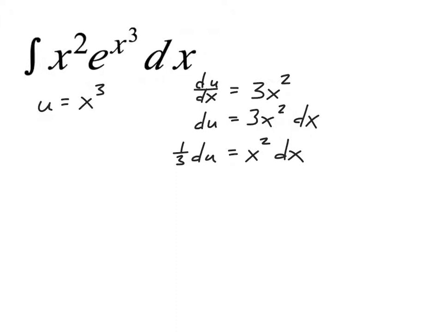And then I actually have something where I can substitute, because I know that the x squared dx is going to be entirely replaced when I do the u substitution. Just like the x cubed is going to be replaced by u.